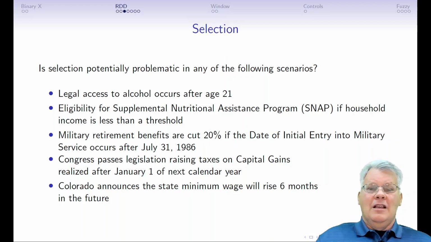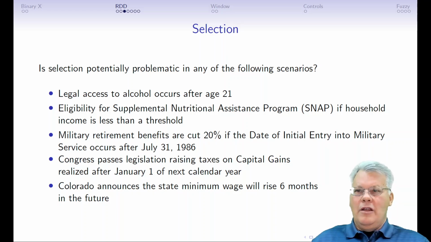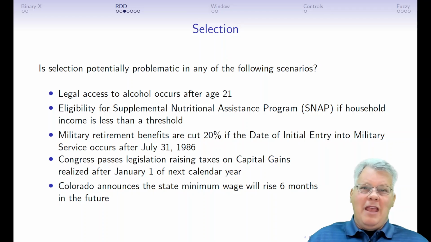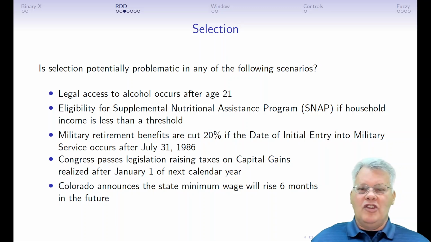Okay. So the third example was the military example that we've talked about. This one is a little bit, well, I would argue that by and large, people don't necessarily think about retirement benefits when they make their first contact or sign the dotted line to enter military service.